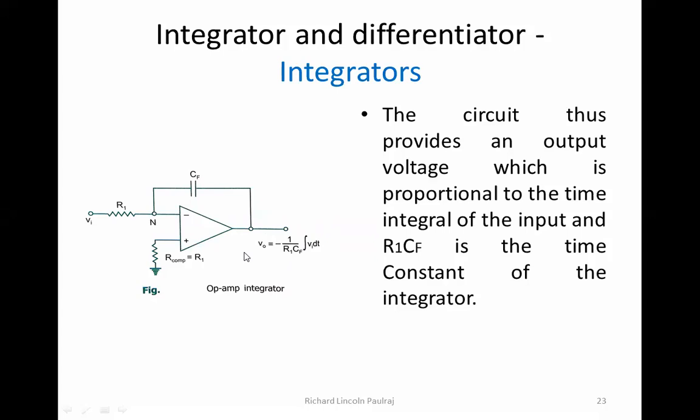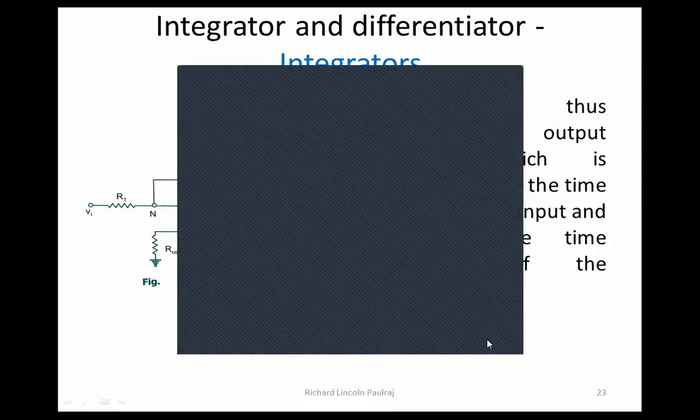Not only that, you can also note that there is a negative sign in the output voltage, and so you can understand that the integrator is also known as an inverting integrator.